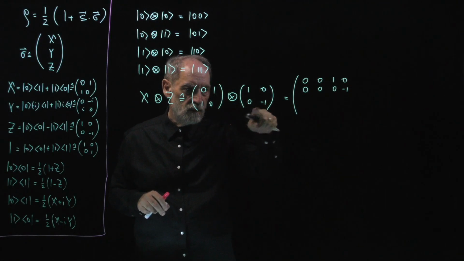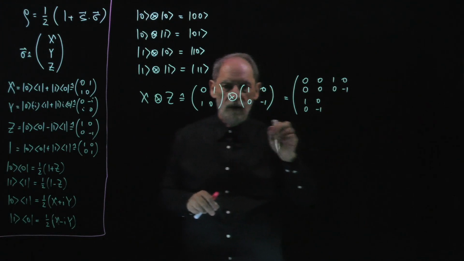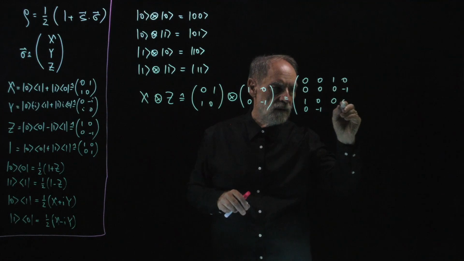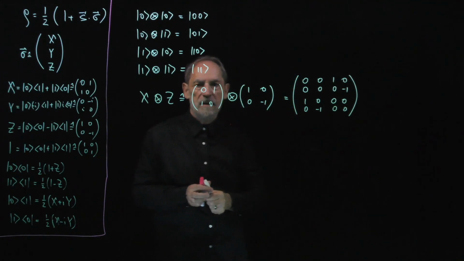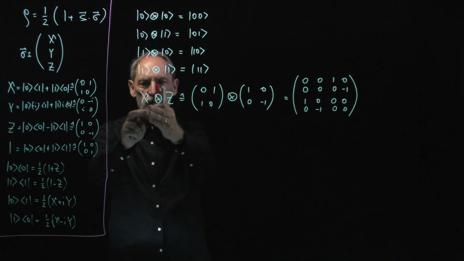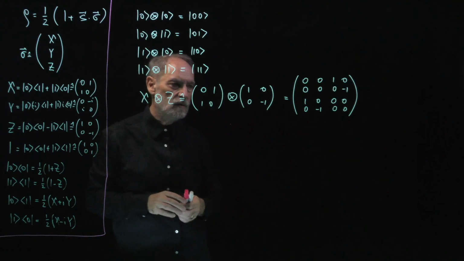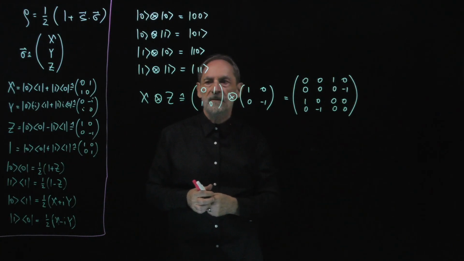This 1 will be multiplied by this, so I get a copy of that matrix. And finally, this 0 will be multiplied by this whole matrix, so I get another 0 2 by 2 matrix. And so this operator, which is now for 2 qubits, X operator for qubit 1, Z operator for qubit 2, is now represented by a proper 4 by 4 matrix.